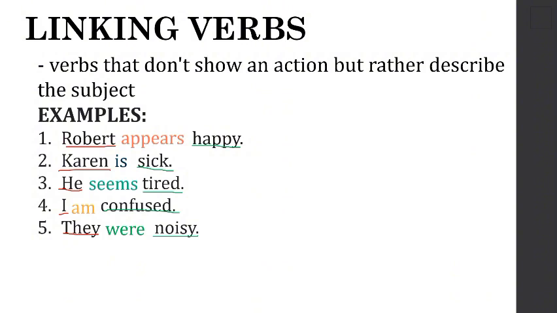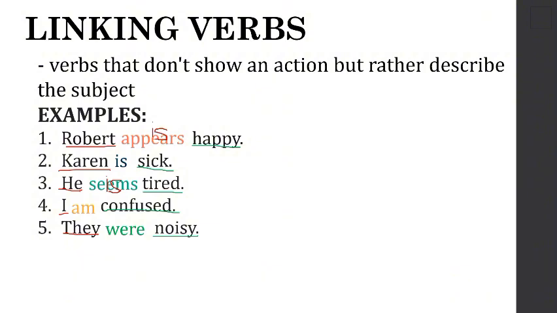The third one used a regular verb that can often be seen as a helping verb: he seems tired. Let's change seems into is. If you disregard seems and read he is tired, it is still a complete sentence, the same as true with the first one, Robert is happy.